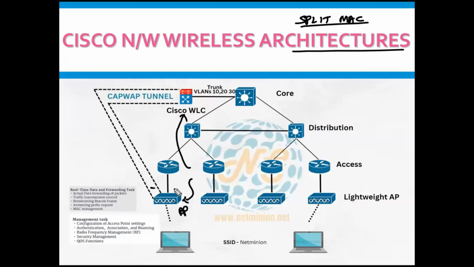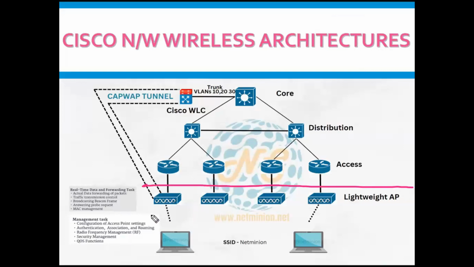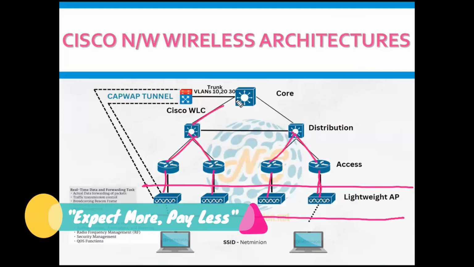So all of these are APs, lightweight access points, you can see. Now, do all these LWAPs have controllers embedded into them? No, these all are the APs. They are connected to the access layer, which goes to the distribution, and then they go to the core.